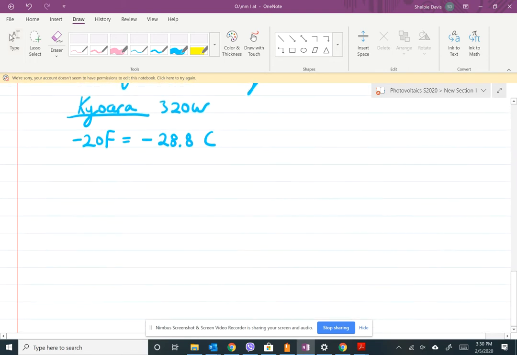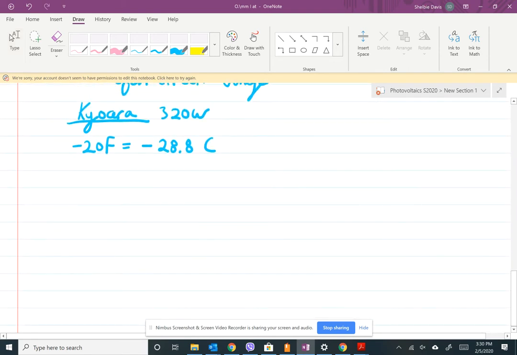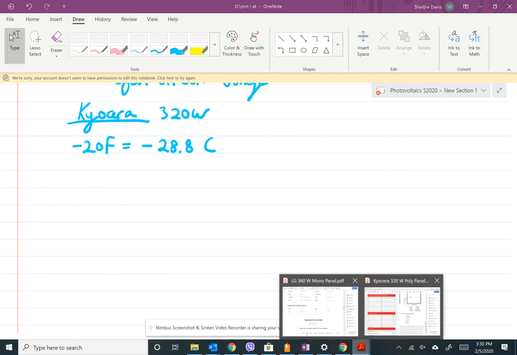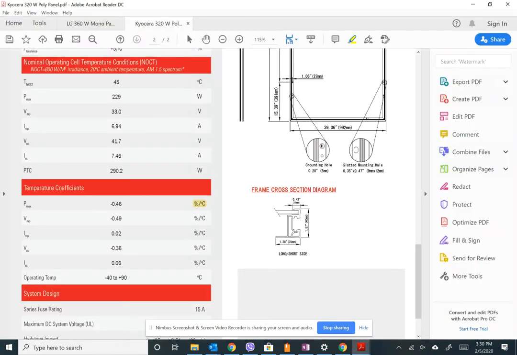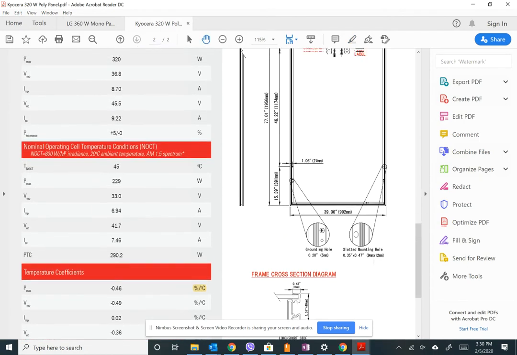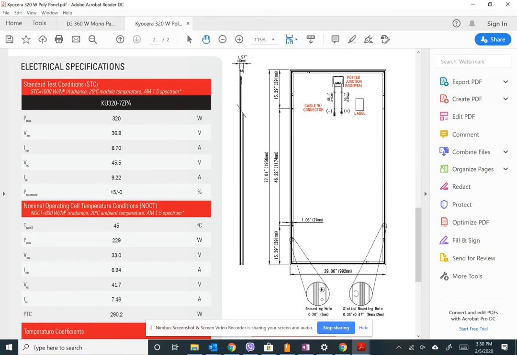Okay. All right. So we have the right temperature now. Also, the Kyocera, we'll go back to that real quick. Our VOC, here's the question. Would you use your NOCT or your STC? Now, let me scroll up here. You have NOCT, which is your nominal operating cell temperature.